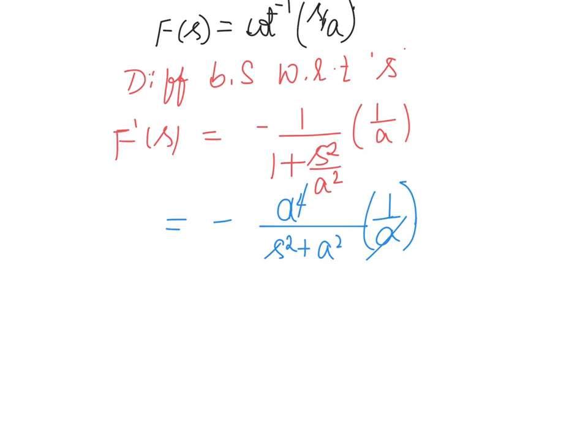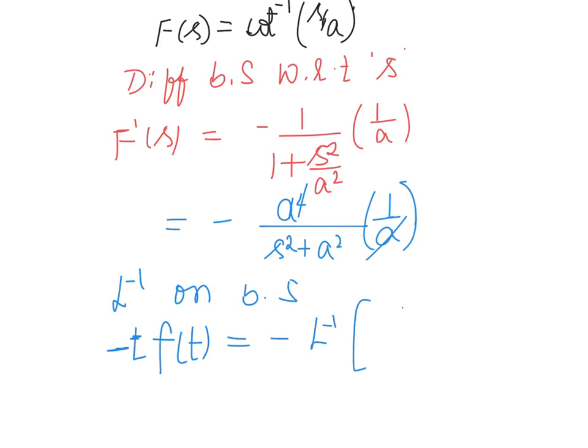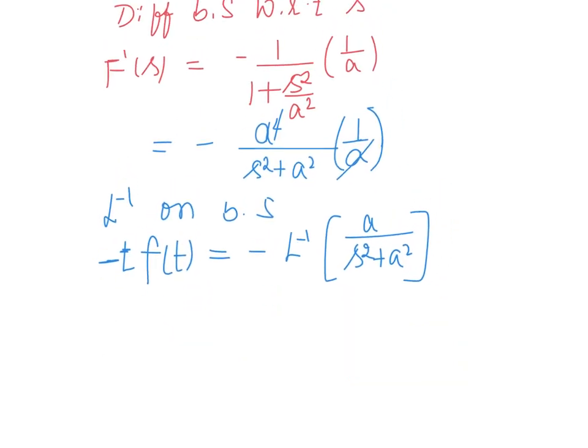So now operate inverse Laplace transform on both sides. That gives minus t f of t. On the right side also we have minus the inverse Laplace transform of a by s square plus a square. Just for your convenience I am writing the inverse Laplace transform symbol there.